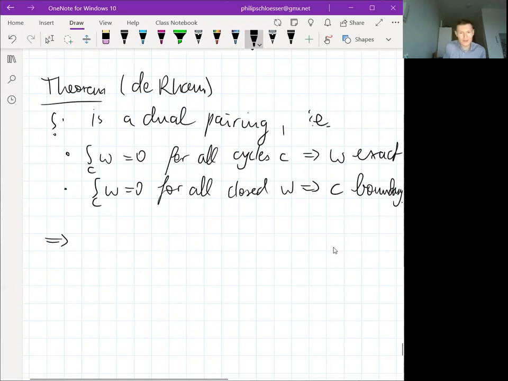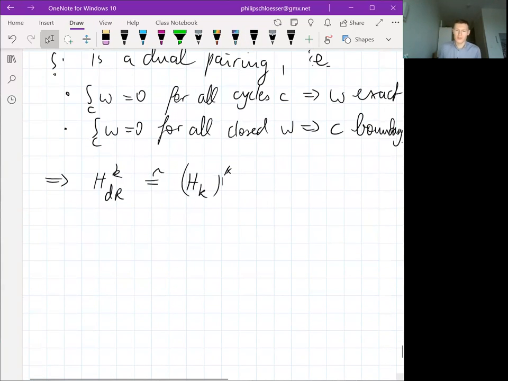Or I guess, put differently, the kth de Rham cohomology group is isomorphic to the vector space dual of the kth singular homology group.